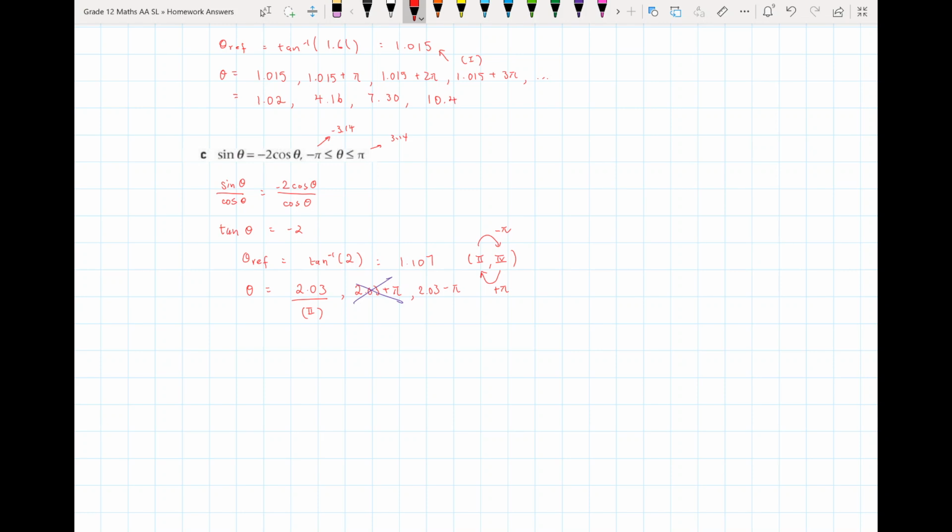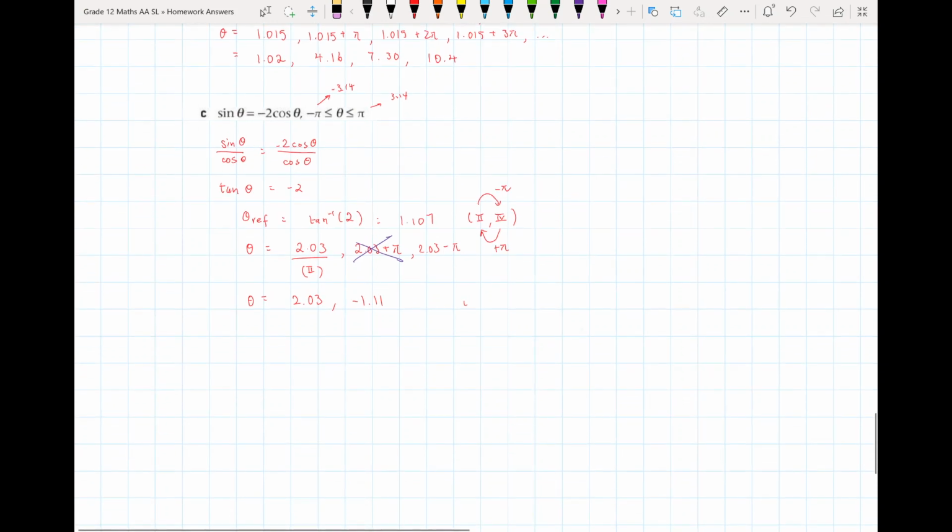So go back one cycle and then see if this is going to fall within the angle domain. And in this case, it does. Now, if I try to do minus 3.14, I know it's going to be way less than negative 3. So if I do this again, I know this won't work, so I'll just stop there. So these are going to be my two solutions.